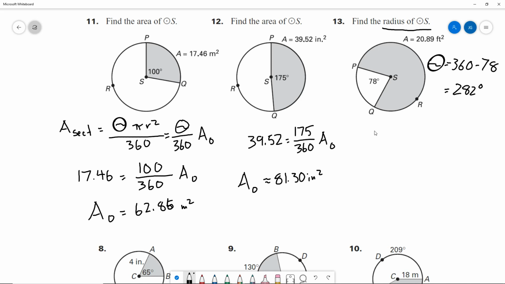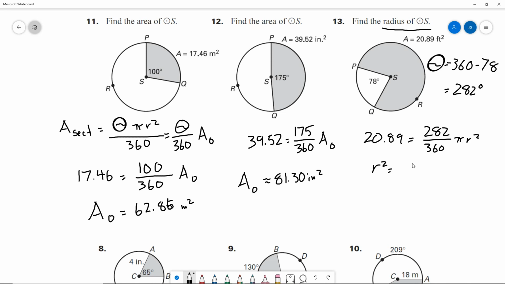And here we're not solving for the area of the circle, we're solving for r. So let's go back to our original formula. And it's going to be that we know that 20.89 is going to be equal to that theta, 282 over 360 times pi r squared. Now I'm going to solve for r squared.